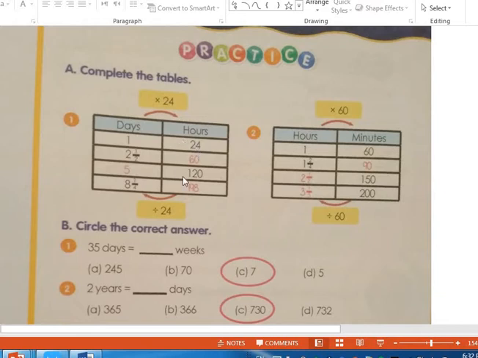If I want to convert from hours to days, I divide. And from hours to minutes, every time I multiply by 60. And the inverse, I divide. When I want to convert from a smaller unit to a larger unit, just divide by 60.